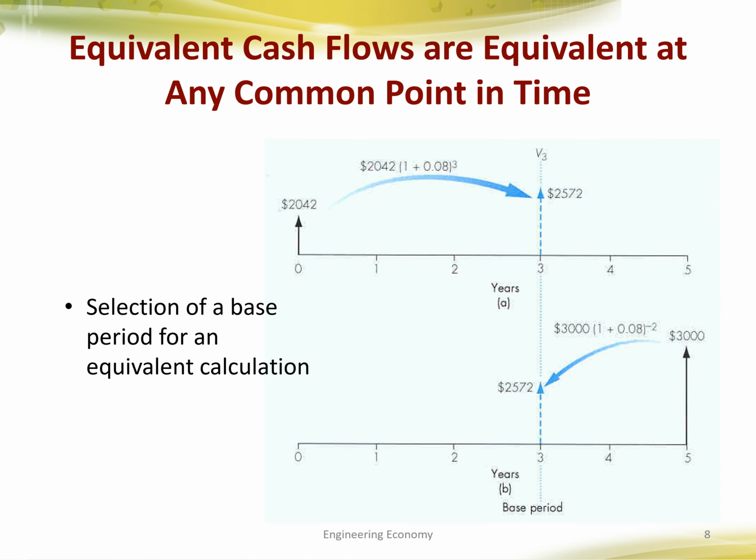And based on the previous conversion, we can also say that we can convert 3000 to the present time for the comparison. Similarly, we can convert 2042 from the present time to the fifth year, so that we get 3000.